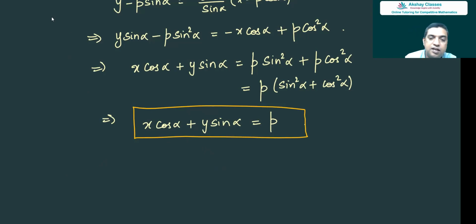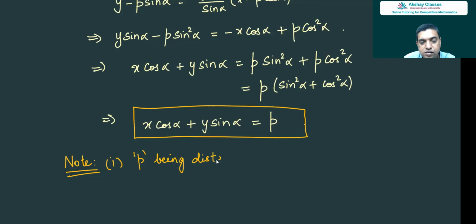So let us see this. P, remember, being distance, is always positive.